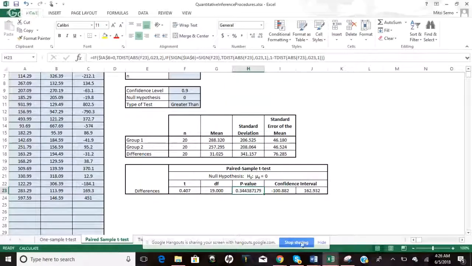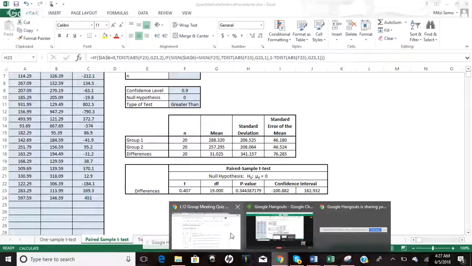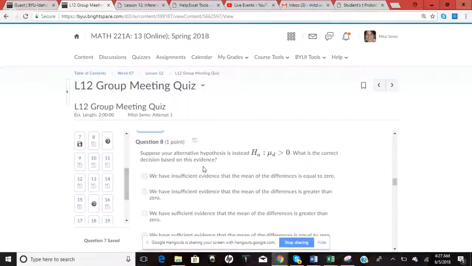If we fail to reject the null, then we have significant evidence that this alternative is false.